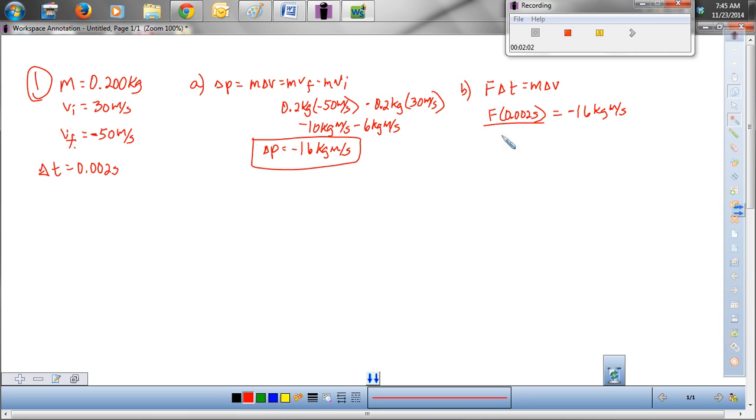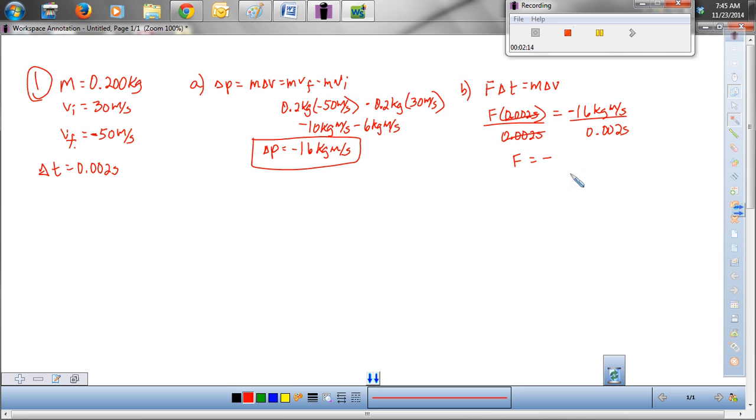So I'm going to divide both sides by 0.002. Those will cancel. My force is negative because it was hitting the ball to the left as I have it set up. Yours might be positive depending on how you defined your direction, and that's fine.